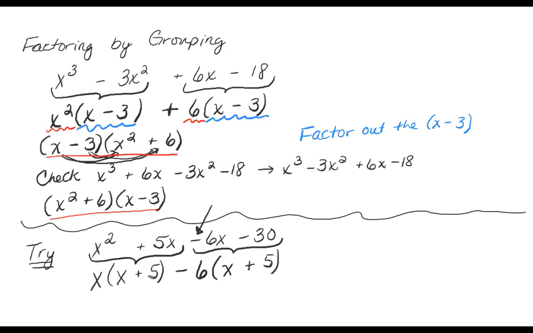And now I see my common factor, x plus 5, and my other factor comes from the x minus 6. So I can write down my 2 factors, x plus 5 times x minus 6. And you can multiply that back out and you should get what we had to start with, and you will.